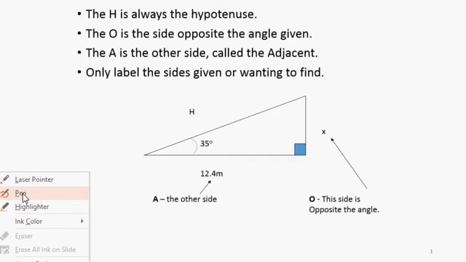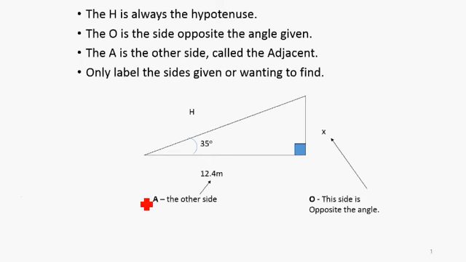If you are still worried you're not able to find it, the hypotenuse will always be living right across the 90-degree. The opposite, as said, is always opposite to the angle, and adjacent is next to the angle.